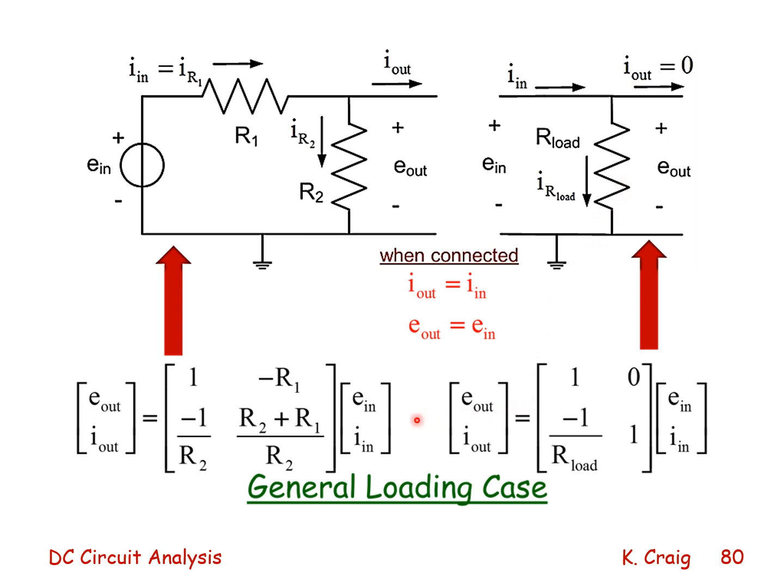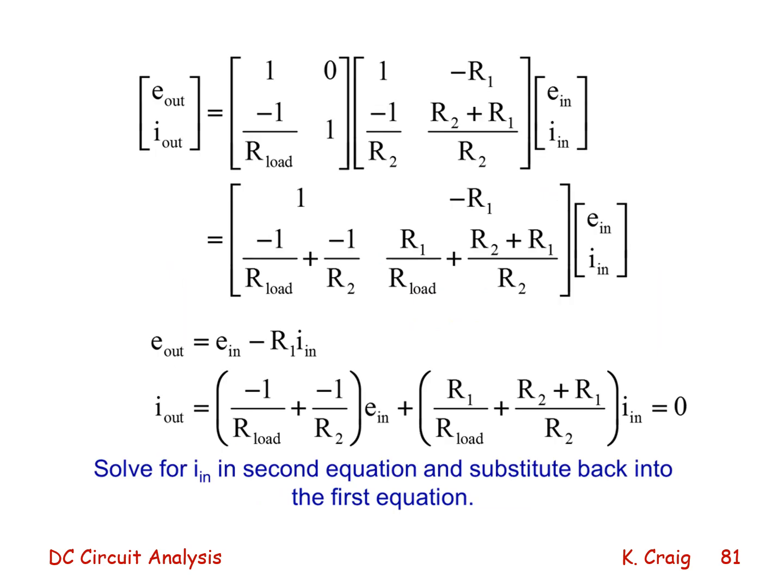And I can simply then equate E out to E in and I out to I in. If I then proceed to perform matrix algebra, and if you're familiar with that, you can follow these details. If not, we will be using this extensively throughout the course.